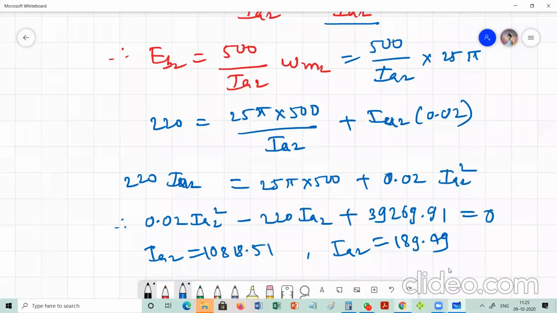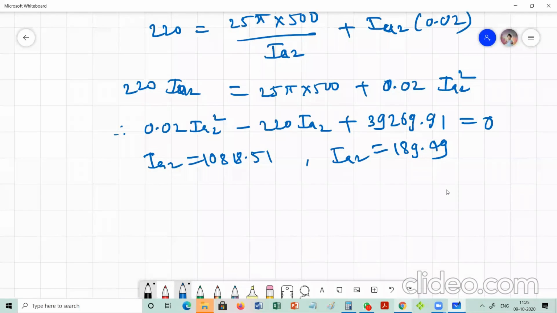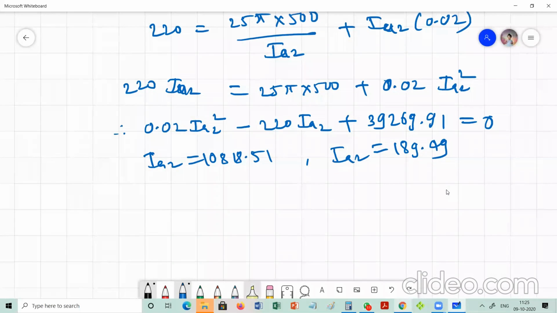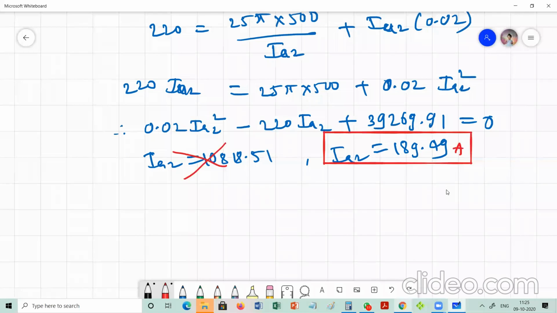Which is the feasible value? Obviously 189.49 is the feasible value, because motor current never goes to a value of 10,000. So it will be 189.49 ampere. This is the feasible value.